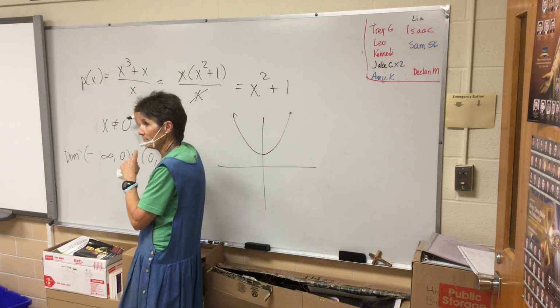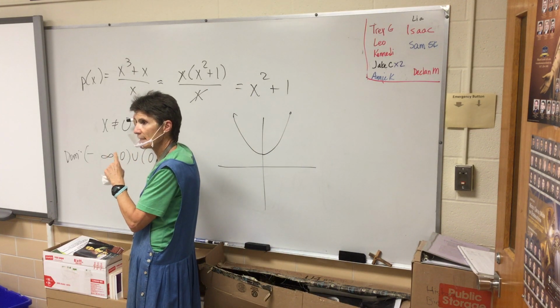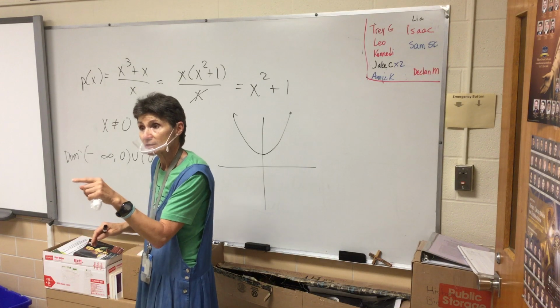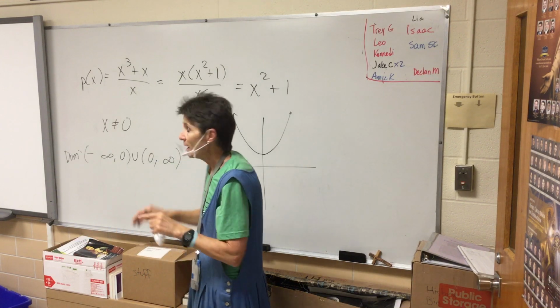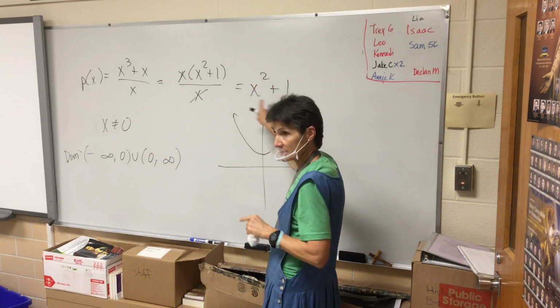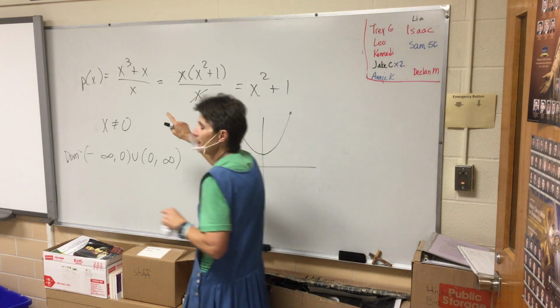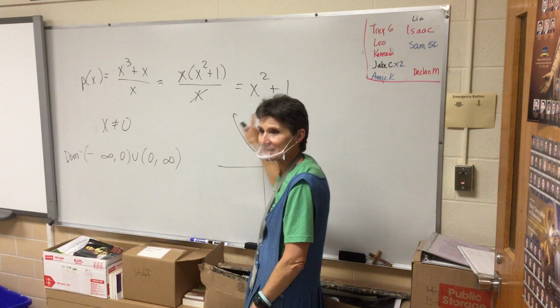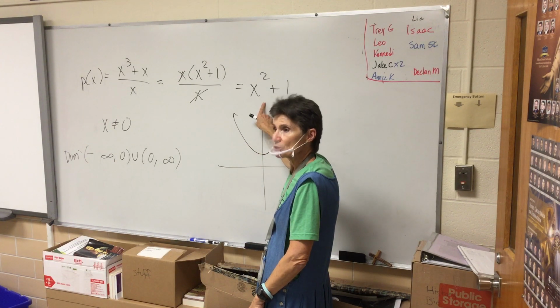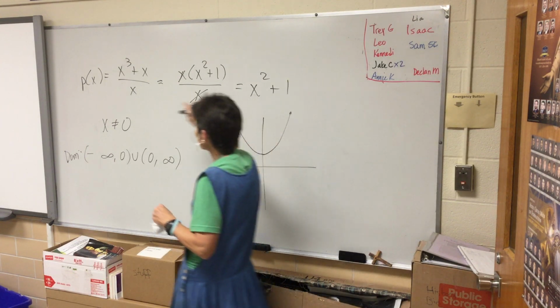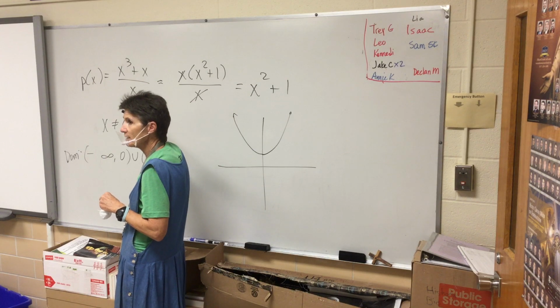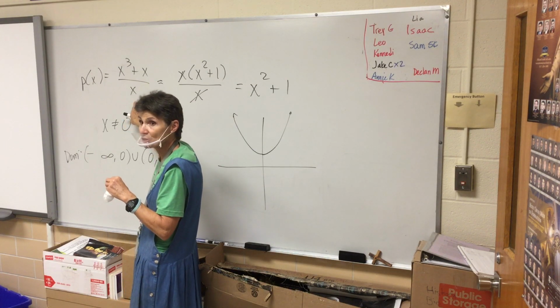But that was not the problem. This was the problem. And you'll say, but Ms. Ford, they're the same thing. Almost. They're the same thing, except, can I put 0 into this equation? Sure I can. I get 1. Can I put 0 into this equation? No, that's the discontinuity.